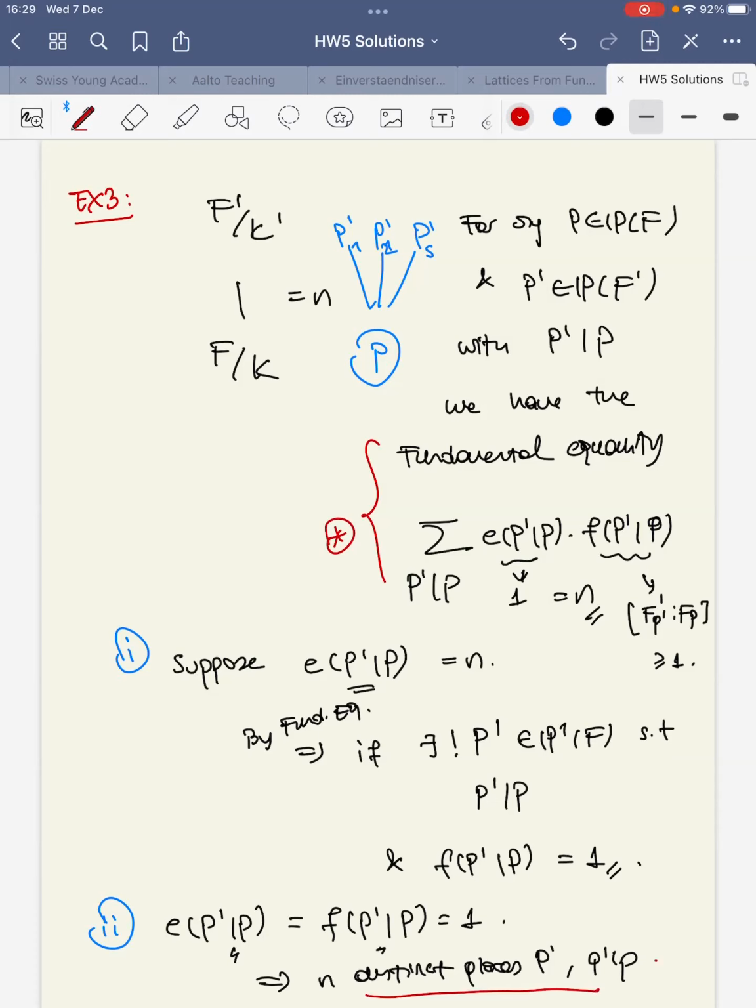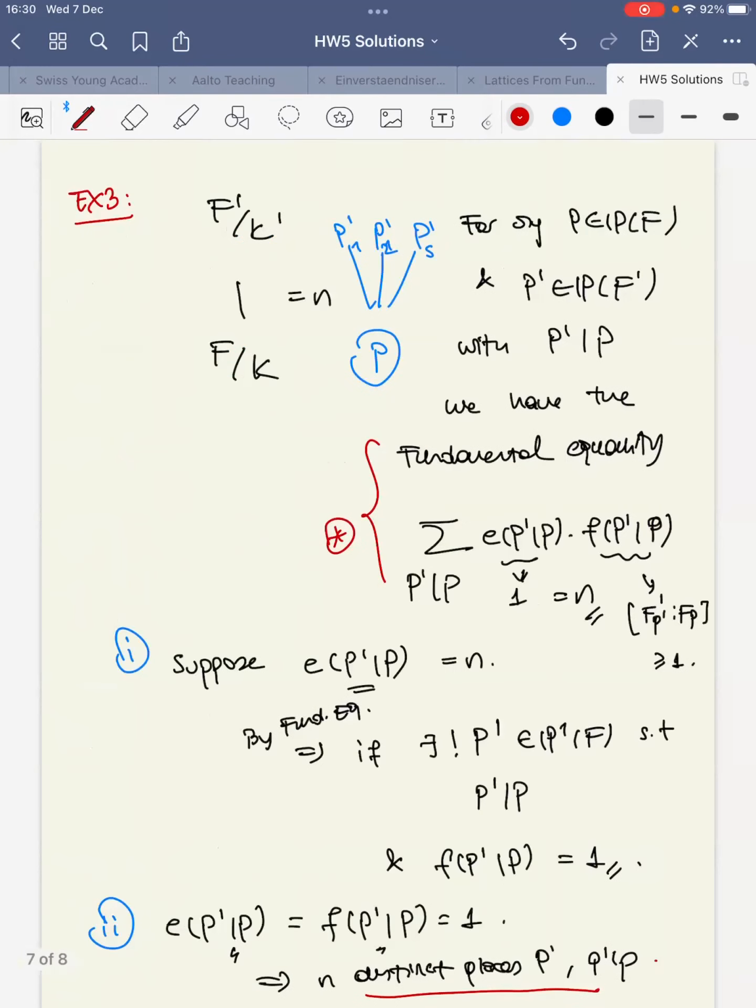And in this case, when I was talking about the lattices from function fields, I used the terminology that P splits completely in the extension field F'. So we can easily derive these arguments by using the fundamental equality.